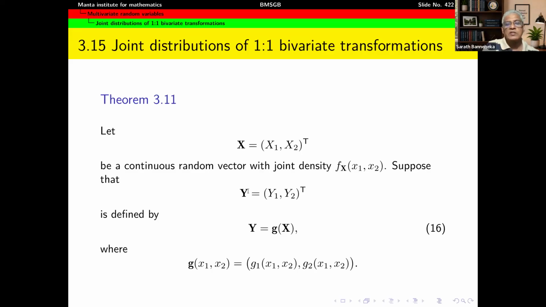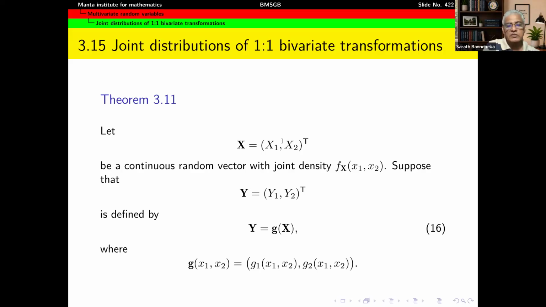Suppose that y is equal to the random vector y1, y2, defined as y equal to some g of x. Right? Suppose this y1, y2 is equal to some g of this vector, right?